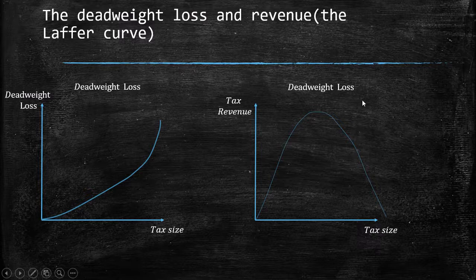On the other side, we see here, this one is not the deadweight loss, sorry. This is the tax revenue, which is known as the Laffer curve. So as we saw before, we see here how when the tax size increases, it reaches a maximum. But if you continue to charge more, there's going to be a decrease. So you have to find the optimal point.